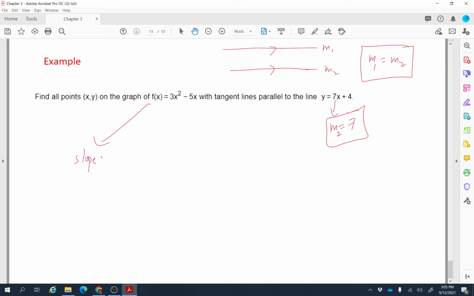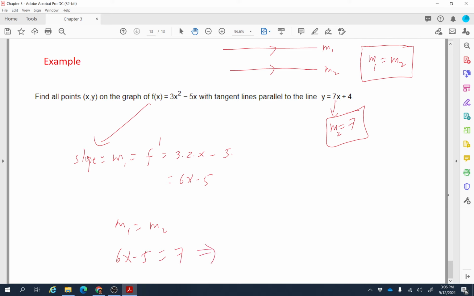Slope, say m1, is the derivative of this function, which, if you use the power rule, is 3 times 2 times x minus 5 times x to the power 0, which is just 5. So this is 6x minus 5. This slope and this slope would be equal to be parallel. So 6x minus 5 should be equal to 7.